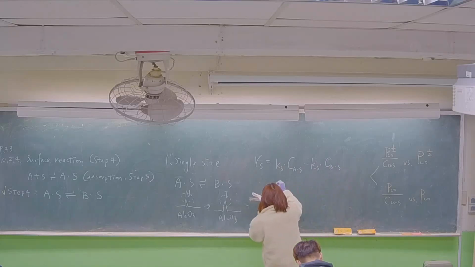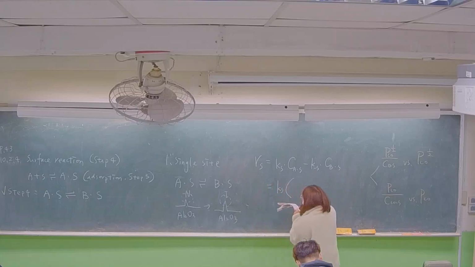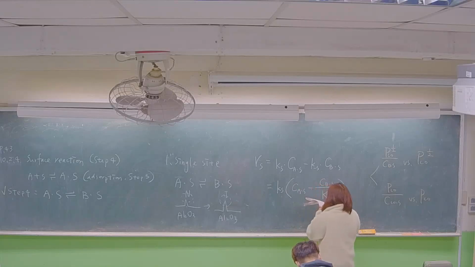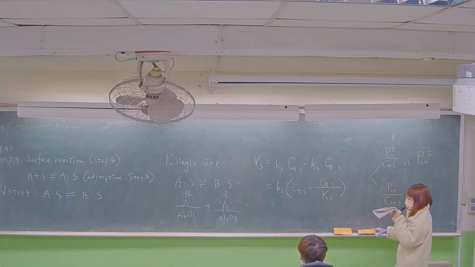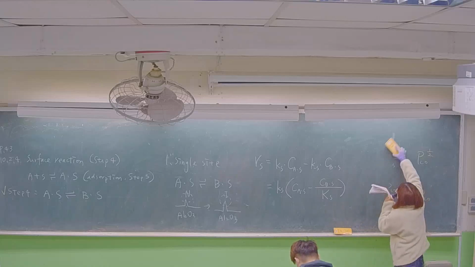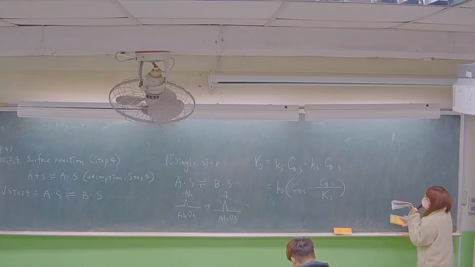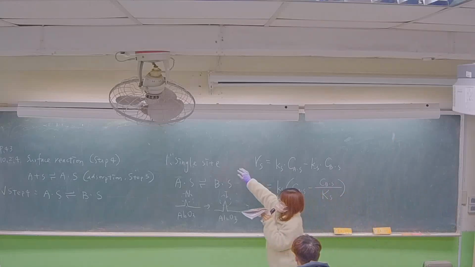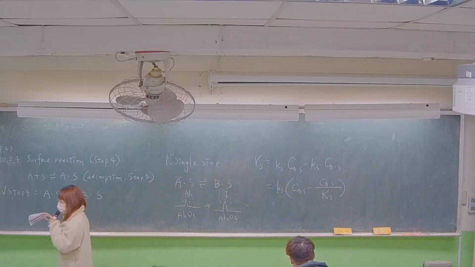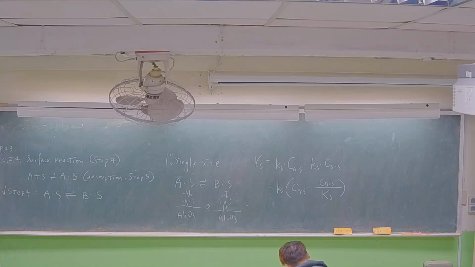And we can rearrange by putting the KS out of the bracket, and then use the equilibrium constant, capital S. So this is the equation for single site surface reaction. We will talk about other behavior later, okay?